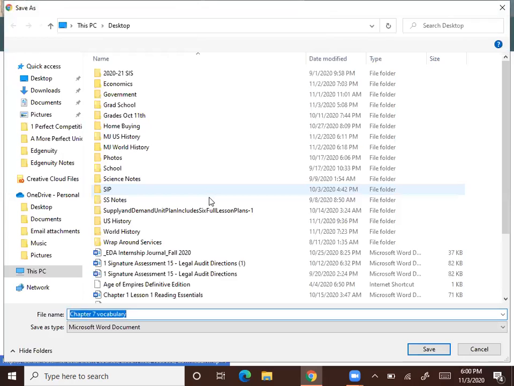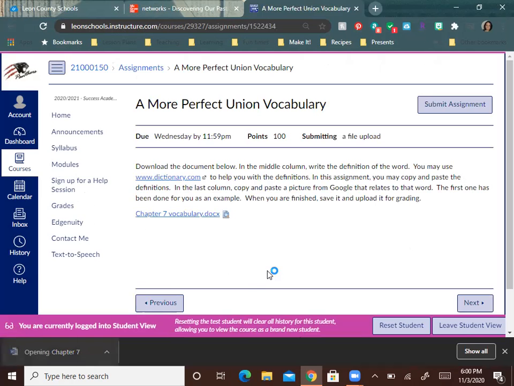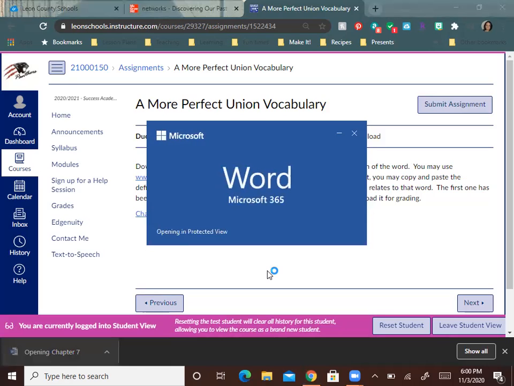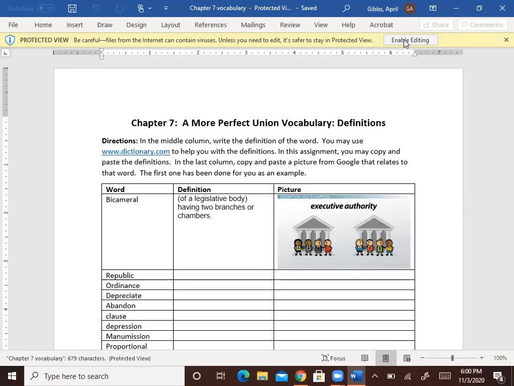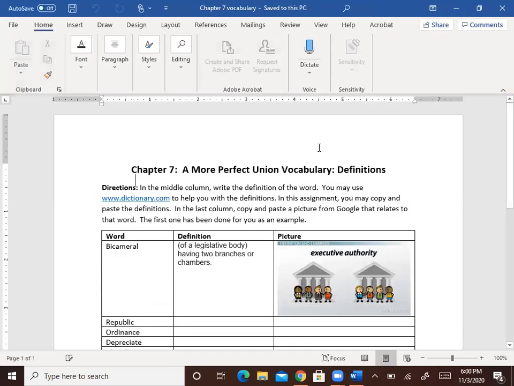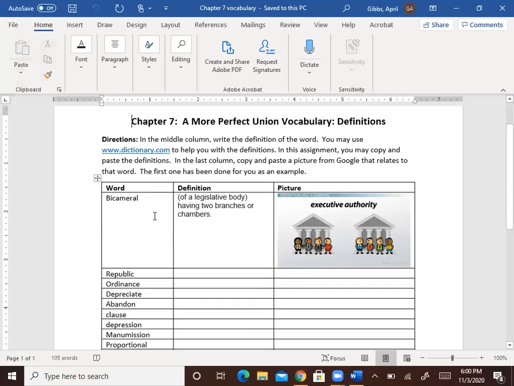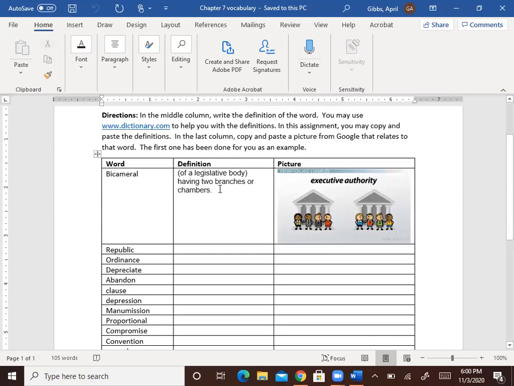So let's download this assignment and then open it. I'm going to click enable editing so I can type into it. And so you see that I did the first one for you. The definition of bicameral is having two branches or chambers.